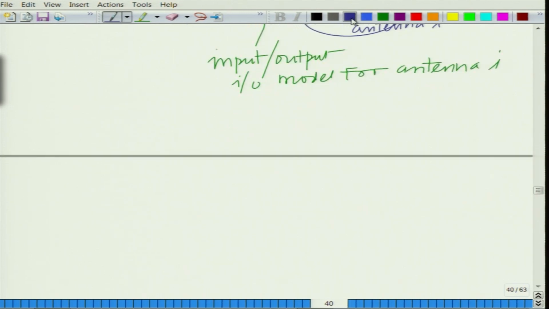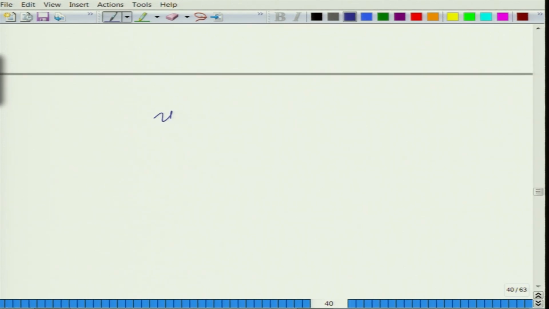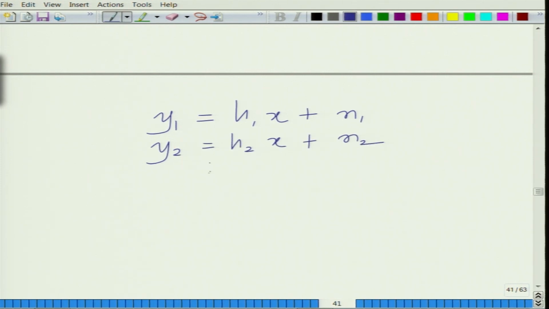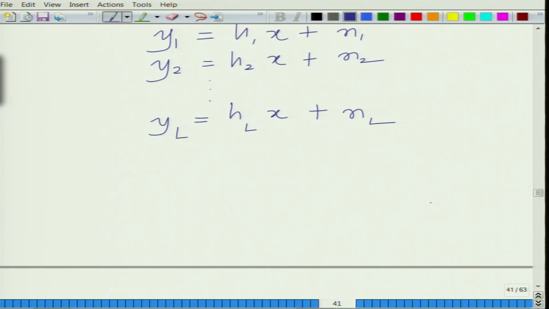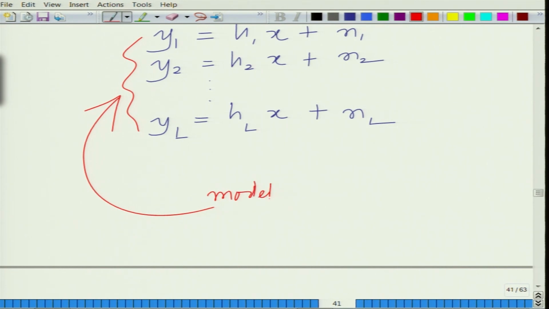So, you will have Y1 equals H1 X plus N1, Y2 equals H2 X plus N2, and so on, YL equals HL X plus NL. These are the models for the L antennas.